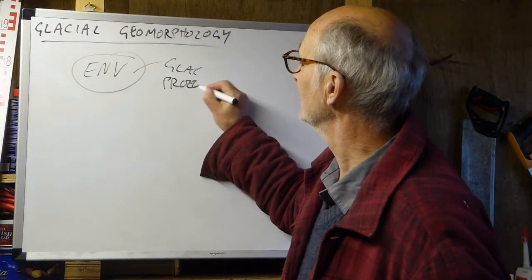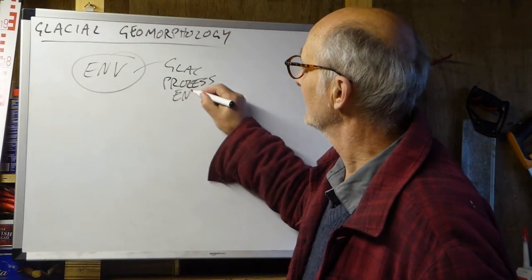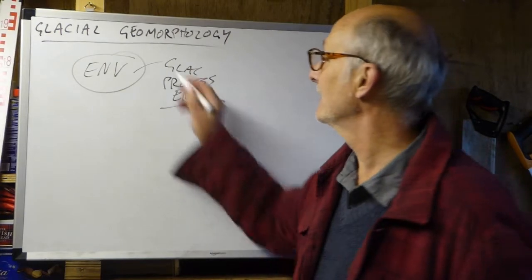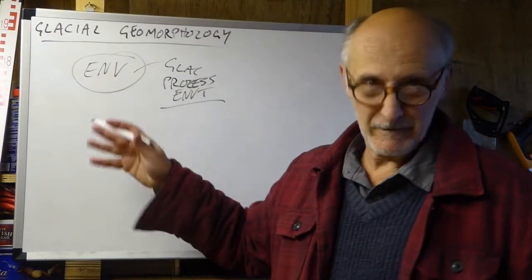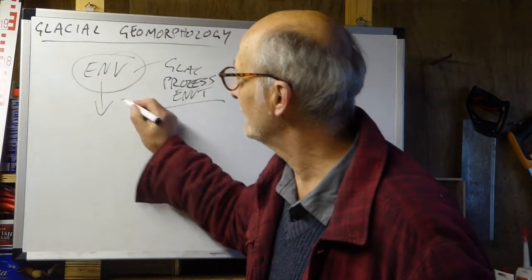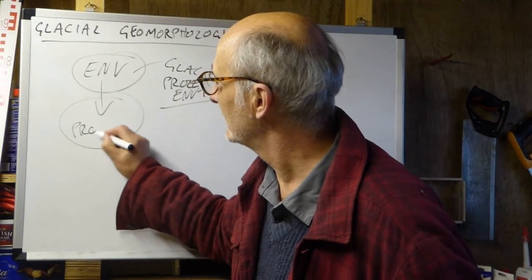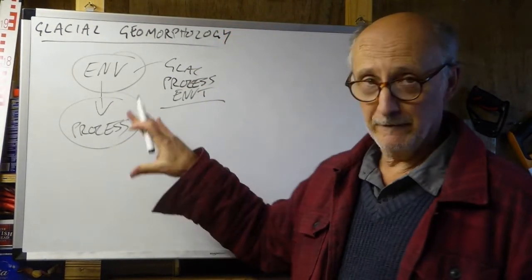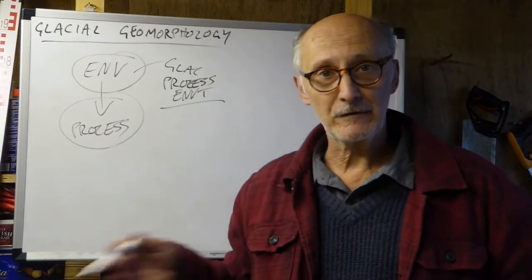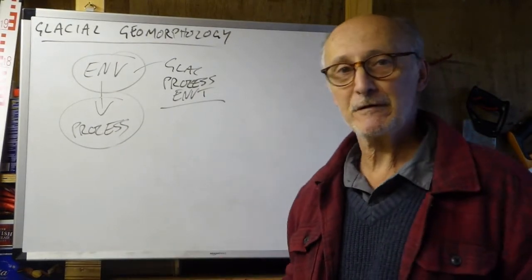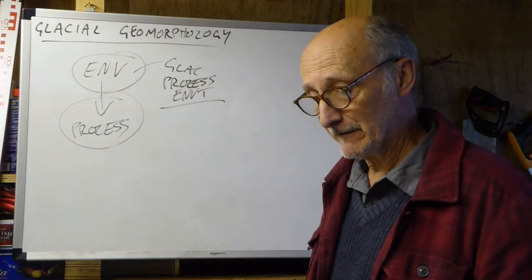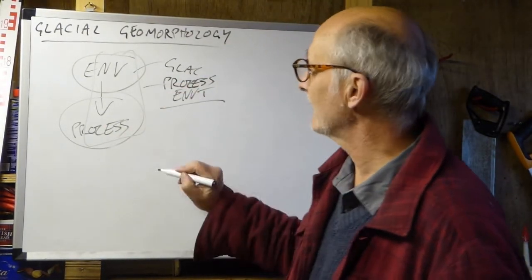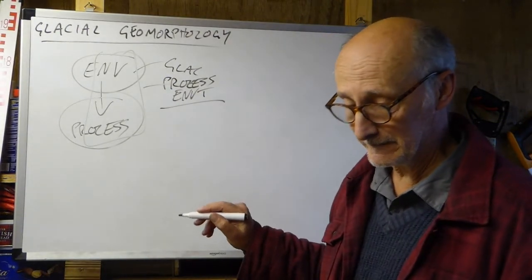So we have a glaciological process environment in which the glacial setting leads to a certain set or assemblage of geomorphic processes, some different combinations of erosion, transport, deposition, specific mechanisms of each of those different processes. So that's our process environment, glacial process environment.